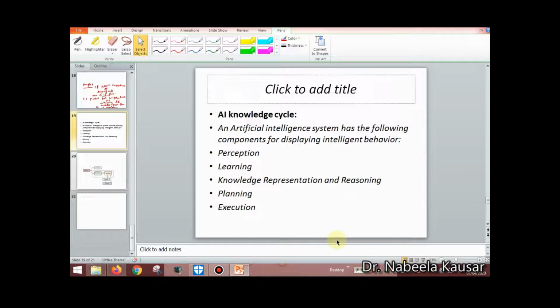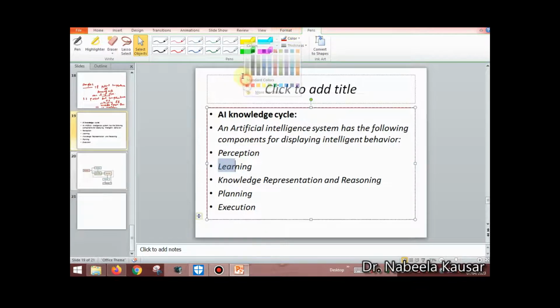Next type we are going to discuss is the knowledge cycle, the artificial intelligence knowledge cycle. An intelligent system has the following components for displaying intelligent behavior. To show the intelligent behavior, any intelligent system must have these components: perception, learning, knowledge representation and reasoning, planning and execution.